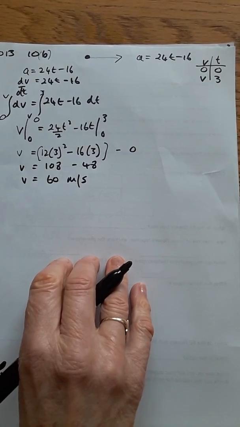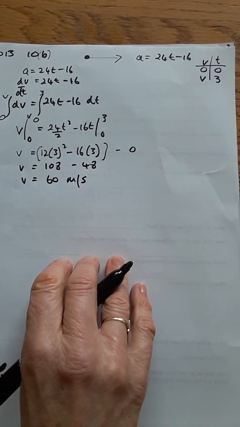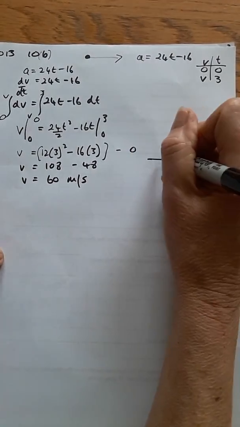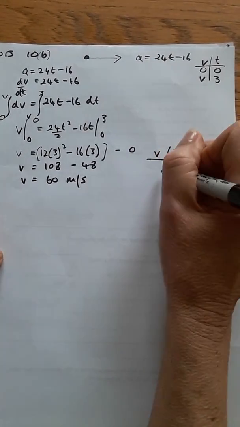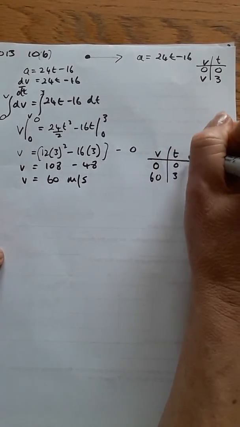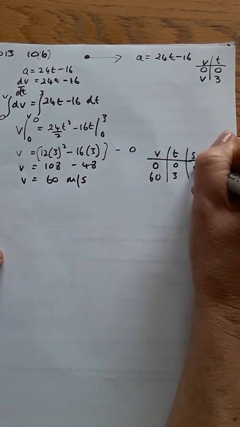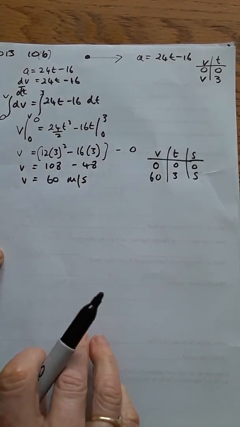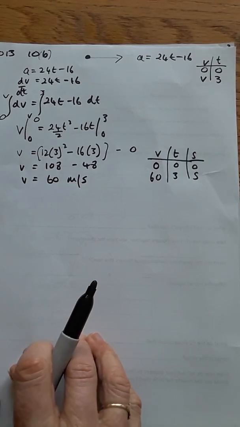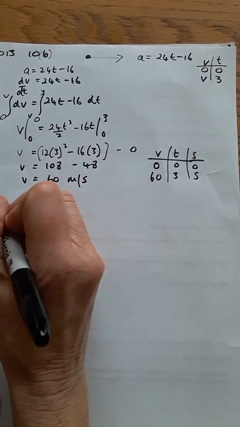It says find its velocity and now find its distance. Okay, so again, back to these ideas. So velocity, t, we're going from 0 to 3, velocity is 0 to 60 now, and the matching distance is 0 to s. Right, in order to get s, I'm going to have to go back to the beginning.